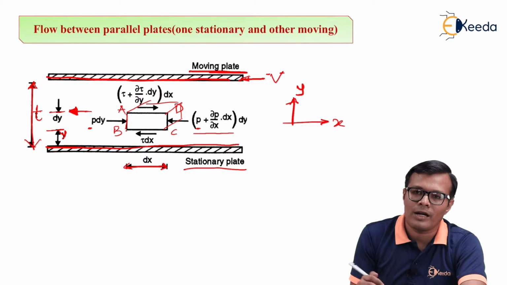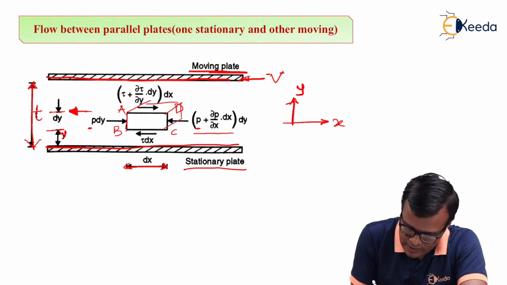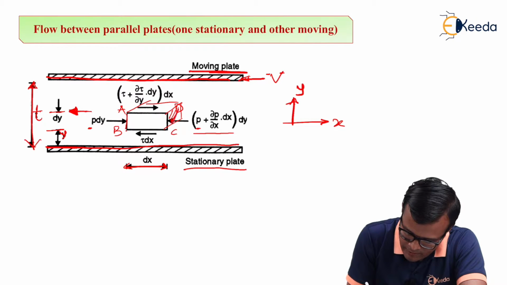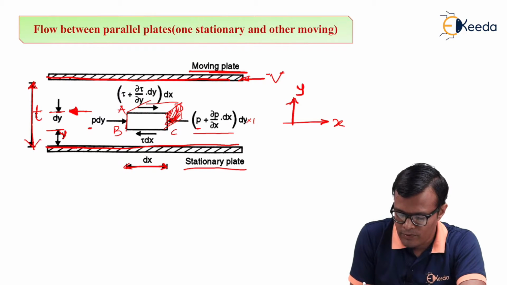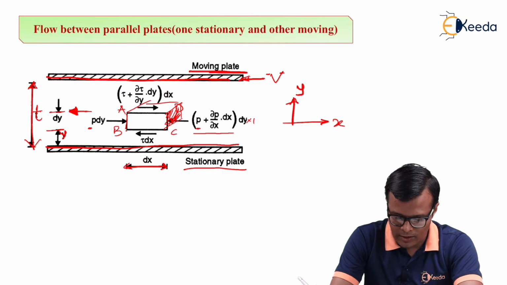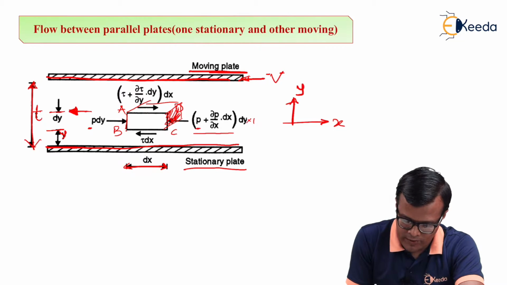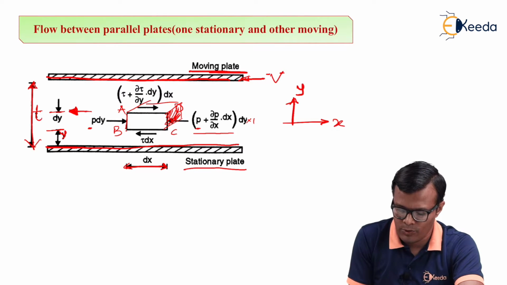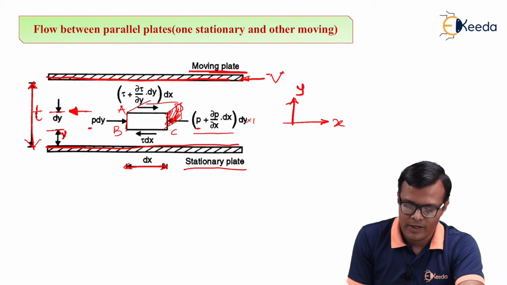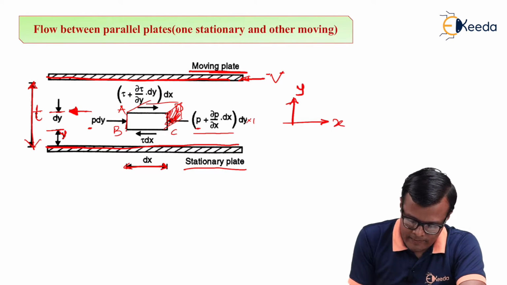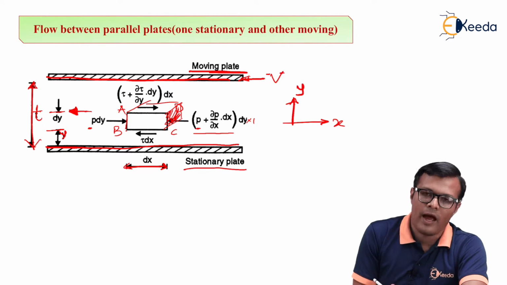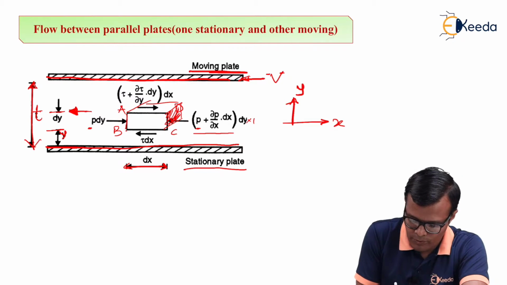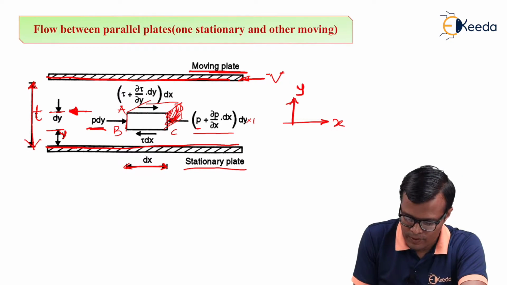This pressure is multiplied by area, and this shaded area is nothing but dy into 1. So the force acting on the vertical face CD is equal to (P plus ∂P/∂x dx) into dy. Similarly, on face AB, the pressure will be P and area will be dy into 1, so P dy will be the force.